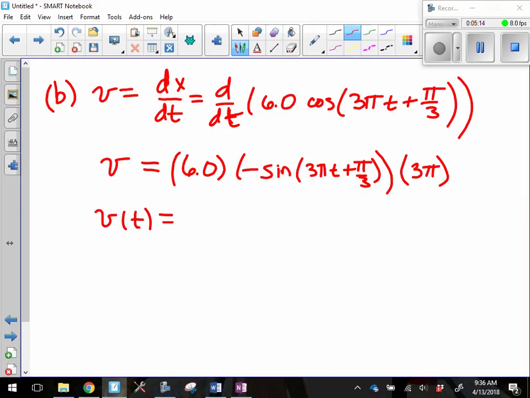So there's a lot of factors running around here, so I would rather rewrite it. So this is going to give me negative 18 pi, right? Because I've got my 6 and my 3 pi, times the sine of 3 pi t plus pi over 3.